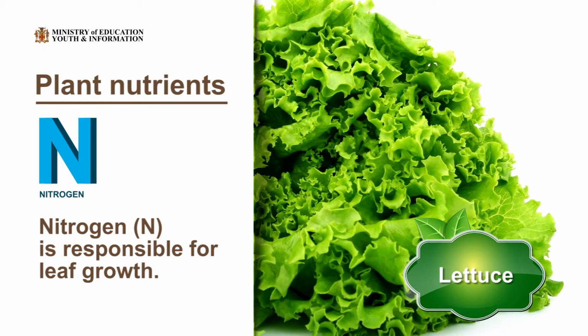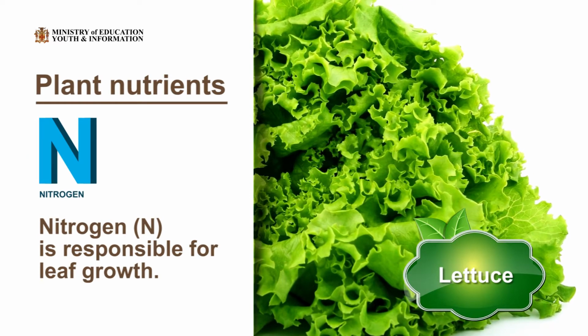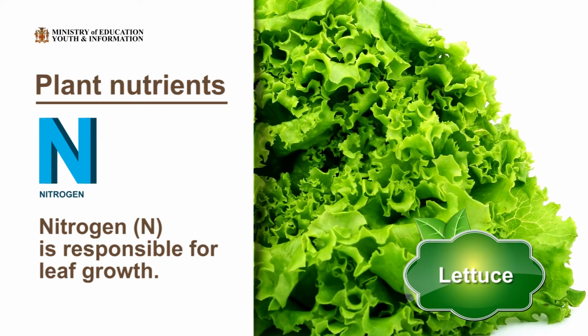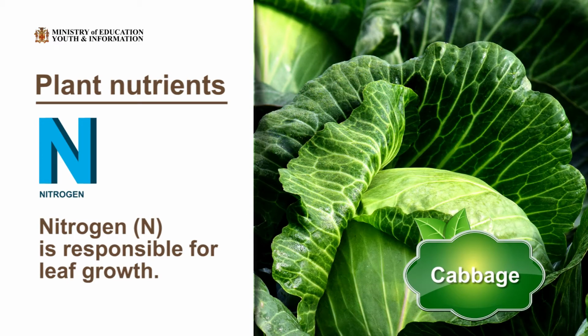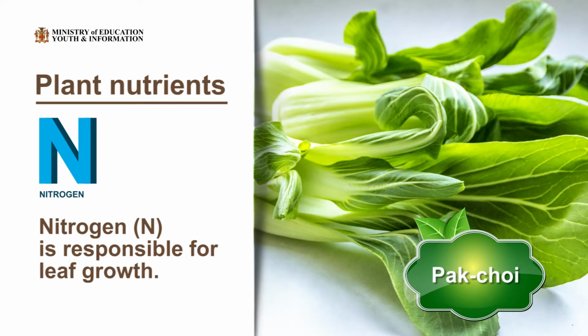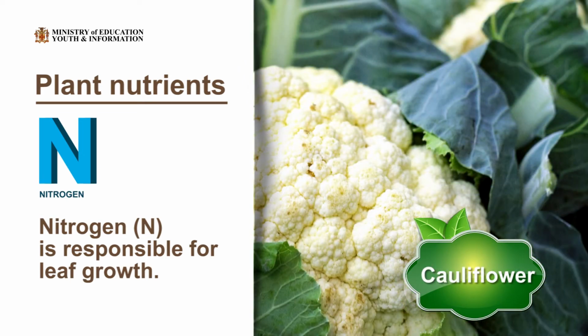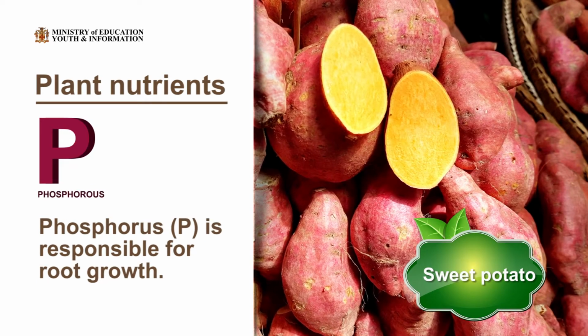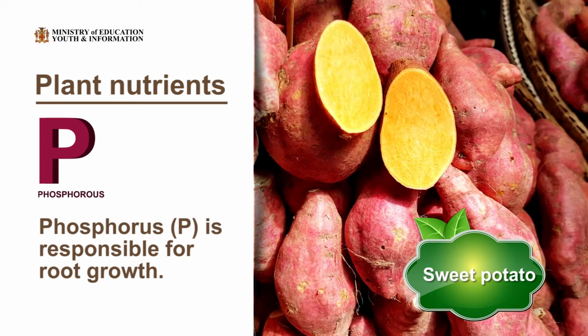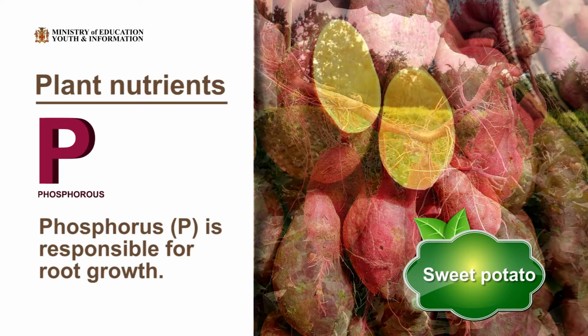N meaning nitrogen. This is responsible for your leaf growth. So if you have your cabbage and your callaloo and your pak choy, cauliflower and so on, you want a fertilizer that is high in nitrogen. You have your phosphorus, which is your P. This is responsible for your root growth.